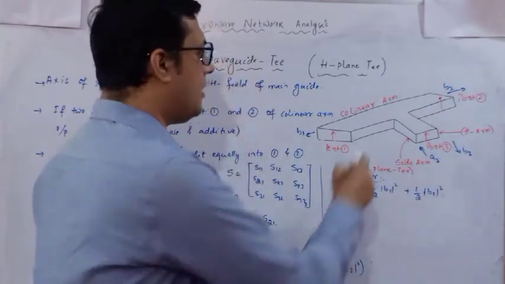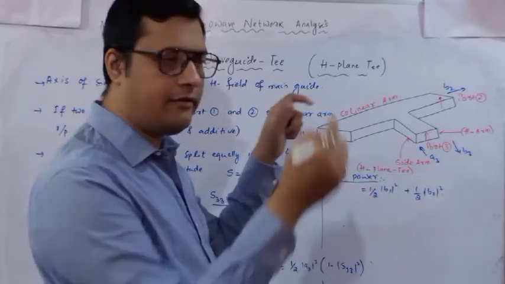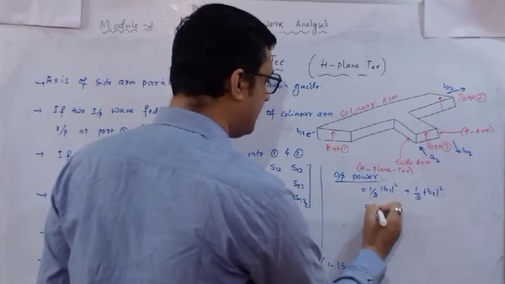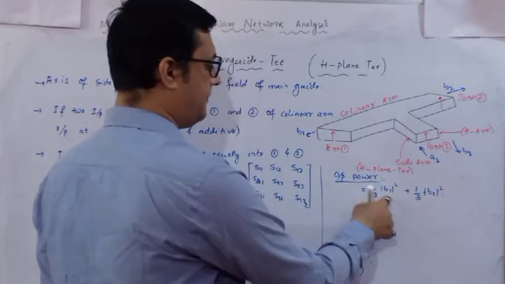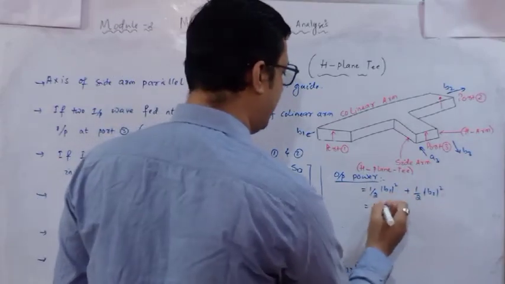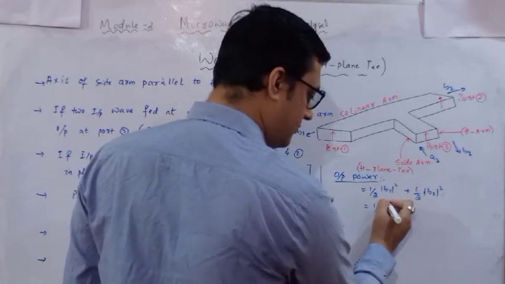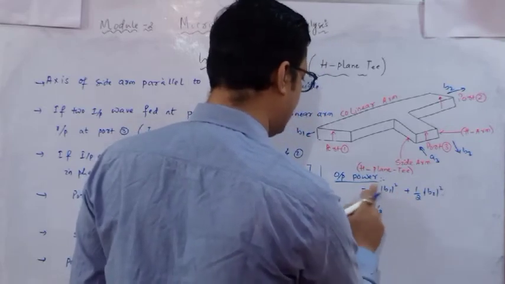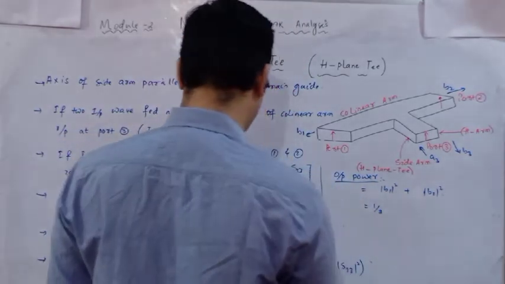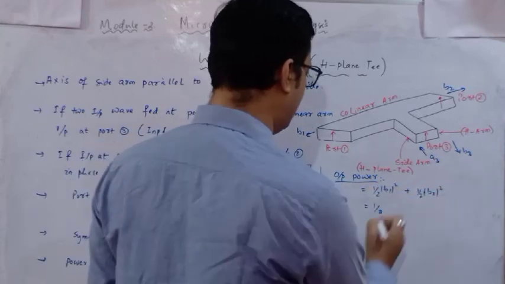But now we have to form a relation with respect to port 3, because at port 3 we are giving the power. So I will write half, this A3 and B1, that whole thing, as A3 and B3, so let it be half, and this is also half B square.